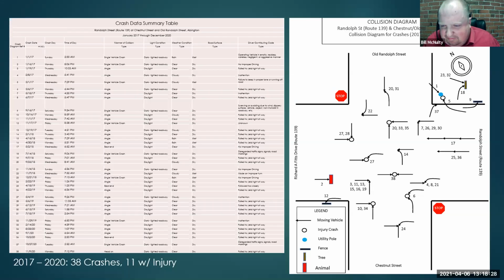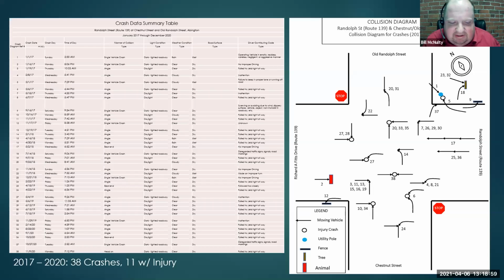The one that seems most common is a vehicle coming out of Chestnut Street and then colliding with a vehicle coming south, or in this diagram coming east on 139. That's the one that seems to be happening the most.